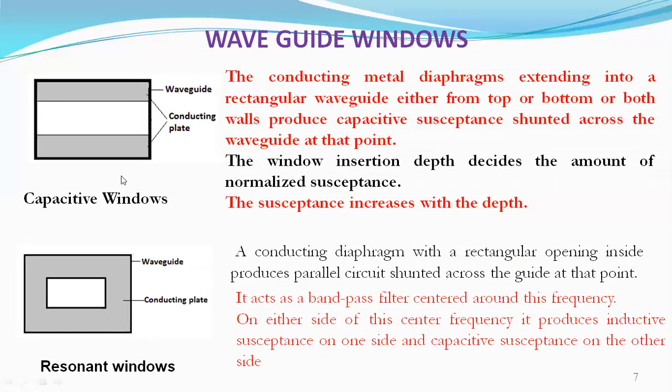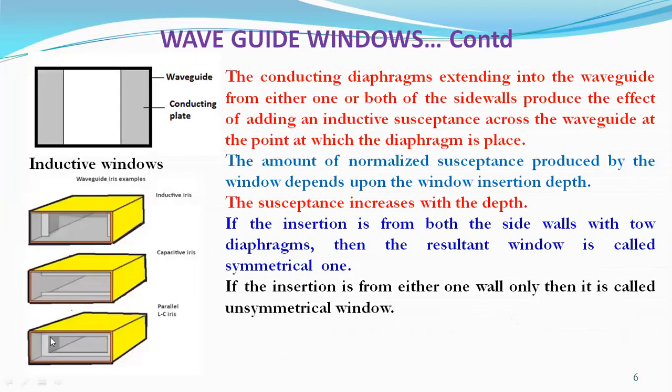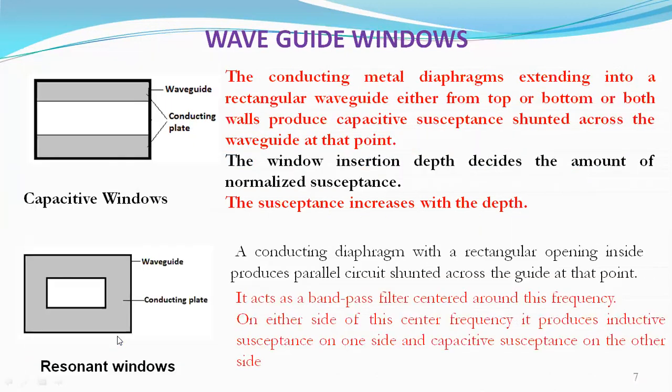For the capacitive window, we insert the conducting plates on the broader walls of the rectangular waveguide, and it will provide the capacitance effect. This susceptance increases with the depth. For the resonant window, both plates are inserted, on the broader side and on the side walls of the rectangular waveguide. It will exhibit both inductance and capacitance effect. These are the waveguide windows.